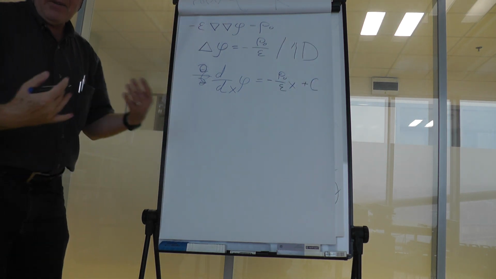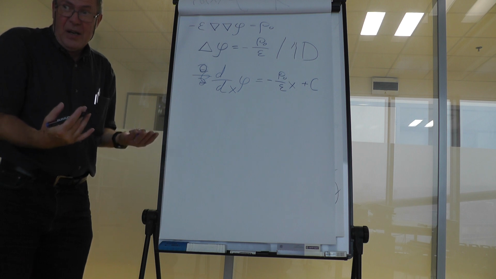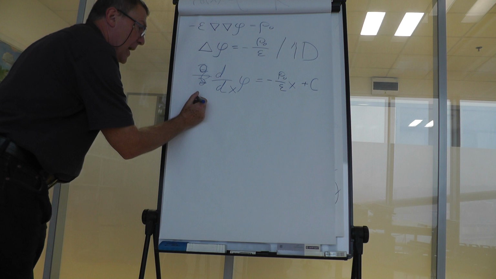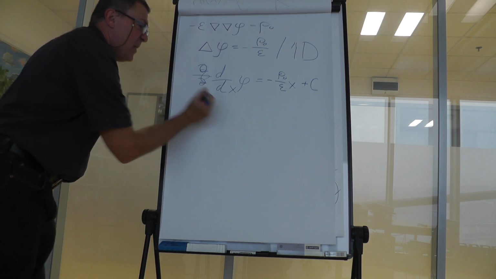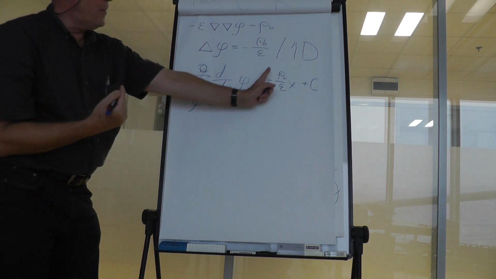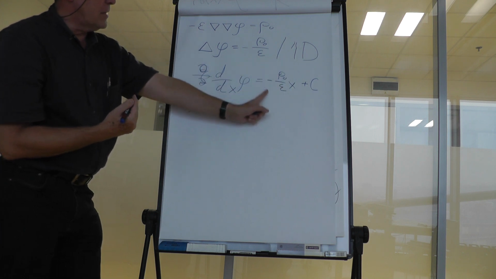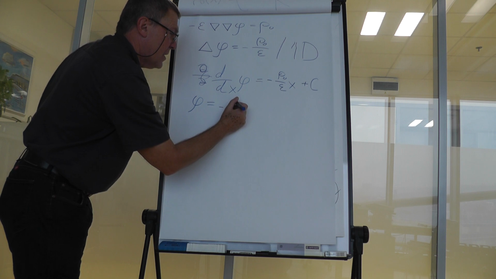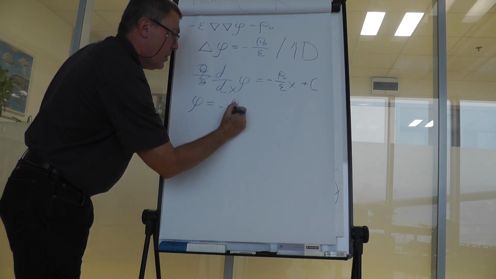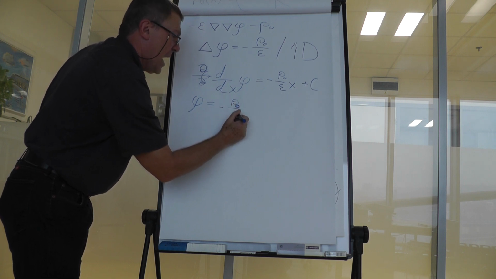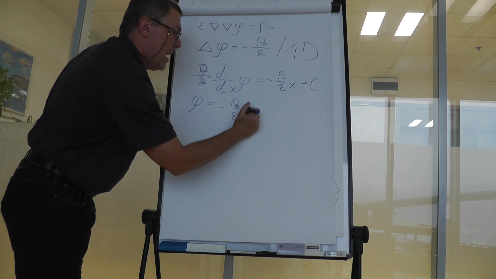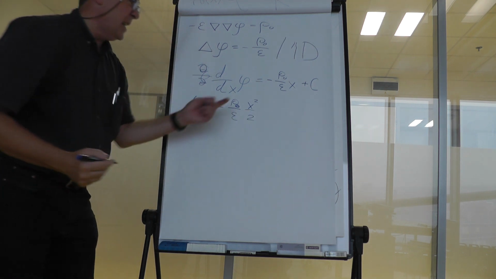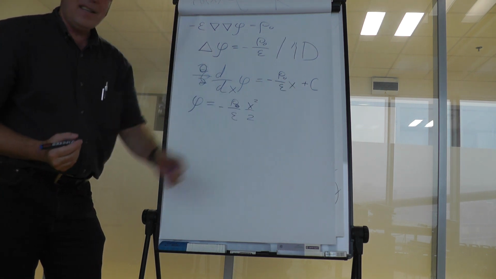Or we can integrate it once more. We should do it. Shall we obtain the equation for phi? So okay, phi is equivalent to, well, we first integrate this and obtain minus rho 0 over epsilon x squared divided by 2. That's the integral of x against x.